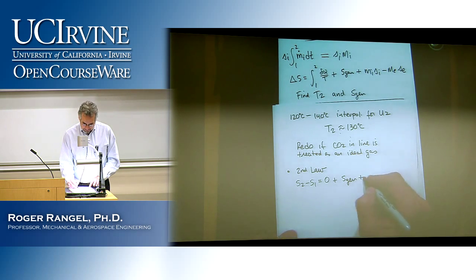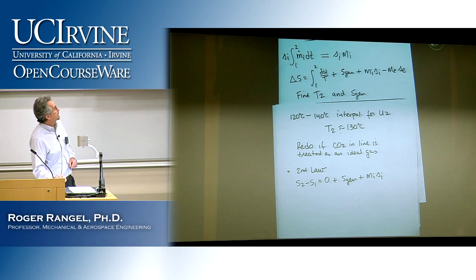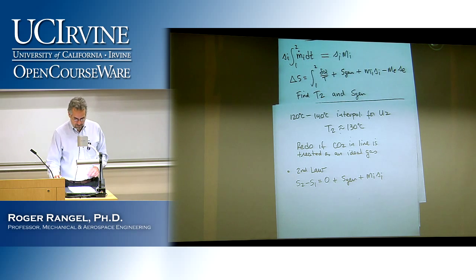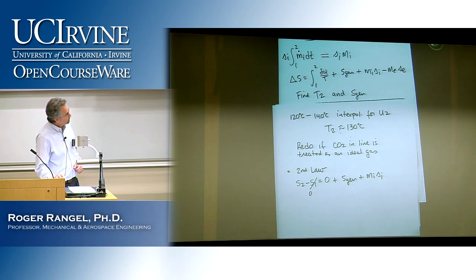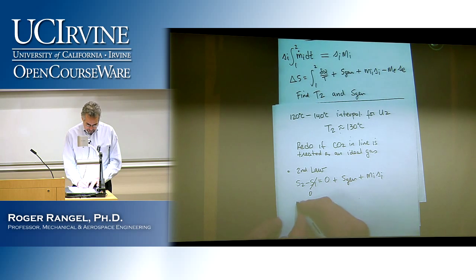And then m_i s_i, and there is nothing exiting, right? So that's all I have. And then there is no S1, it was initially empty. And S2 is m2 lowercase s2. So that's entropy generation plus m_i s_i.